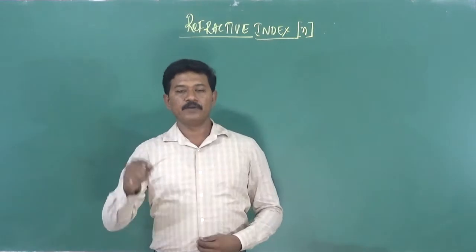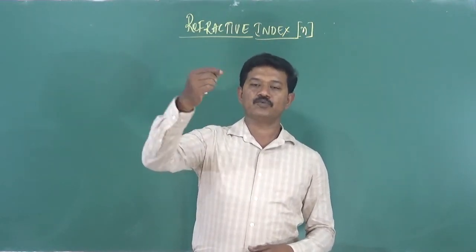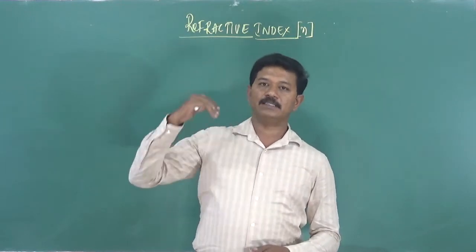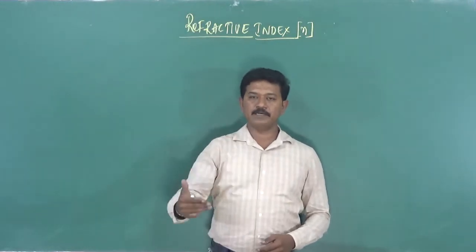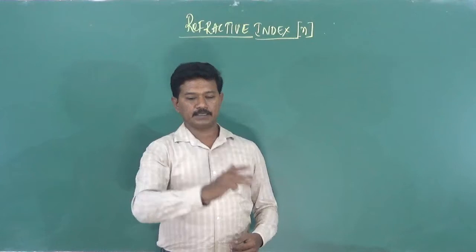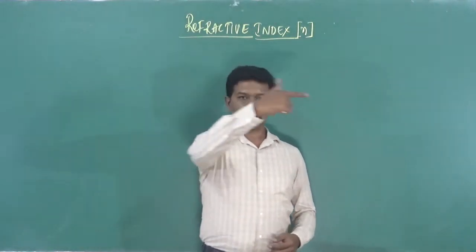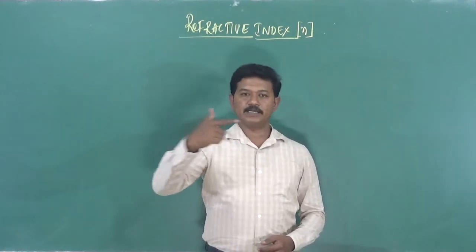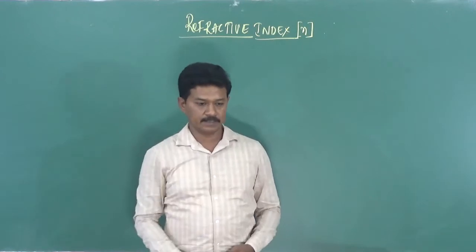When you compare the speed of light in vacuum with the speed of light in a medium, the refractive index of that medium is called the absolute refractive index, right? For example, speed of light in vacuum by speed of light in glass is the absolute refractive index of glass.